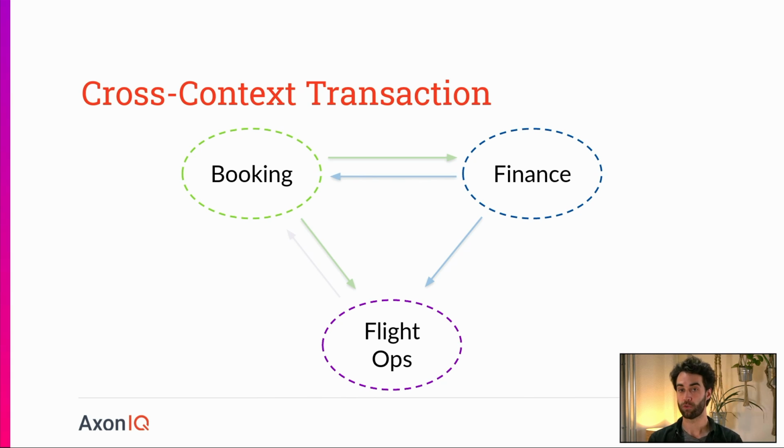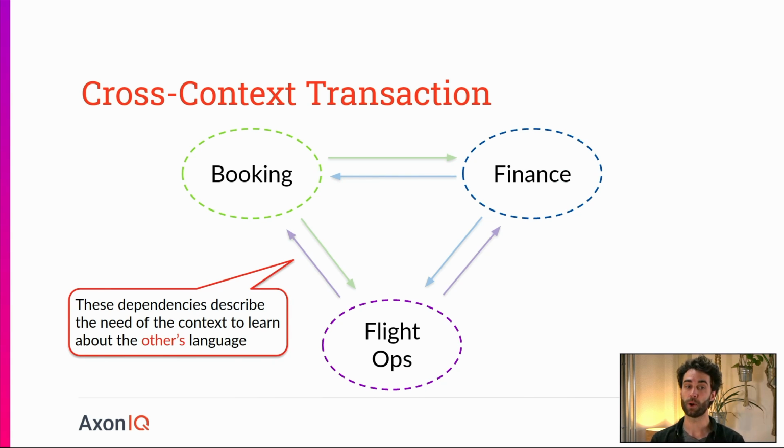This means you have a form of a transaction between these components going on, describing the need to know each other's language. The booking context needs to be aware of what finance talks. Similarly, flight ops needs to know what booking and finance are doing. It's a cross-context transaction, and we have a certain form of mapping in place to talk with one another.